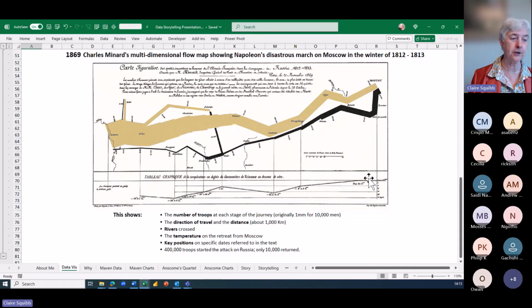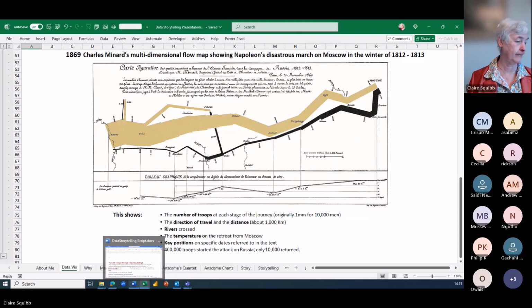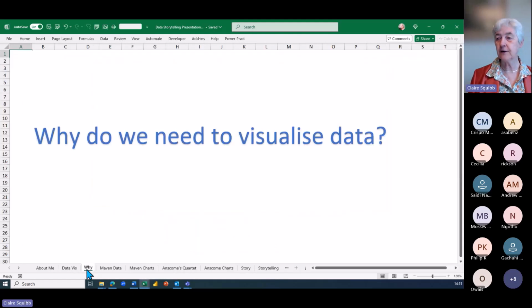It shows the temperature on the retreat from Moscow, and it shows the place names at key positions on key dates. So very informative. Data visualization has been around for a very long time and had become very sophisticated even then. So I'm going to start off with why we need to visualize data.